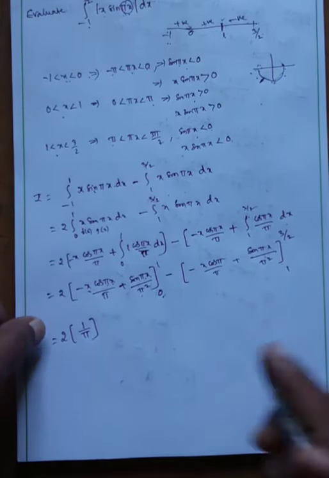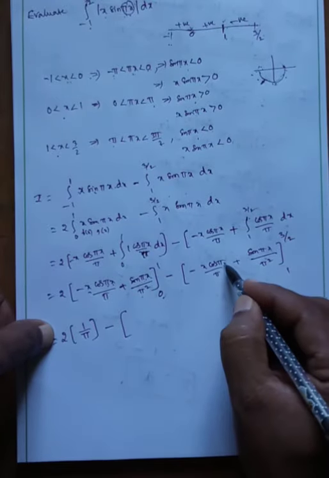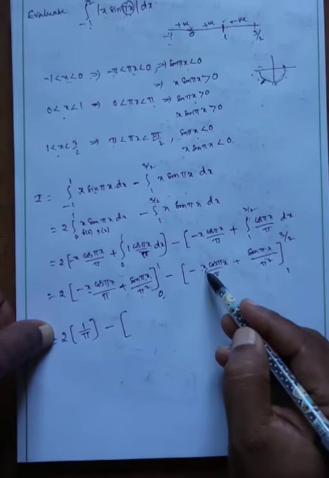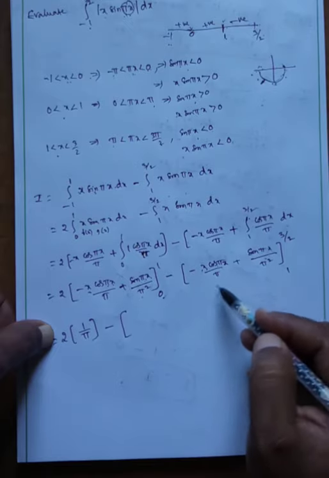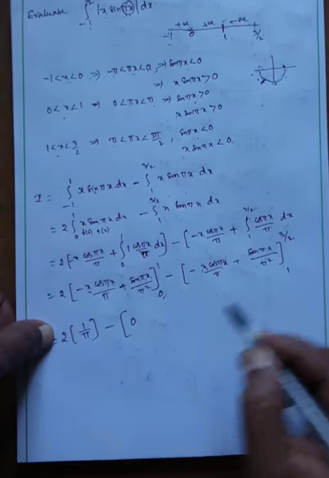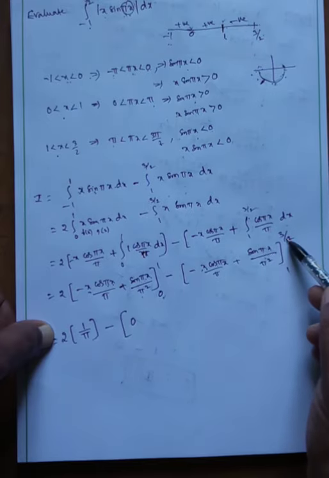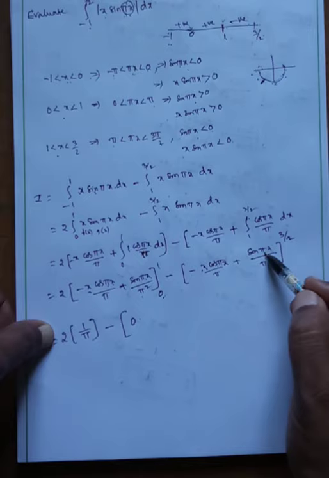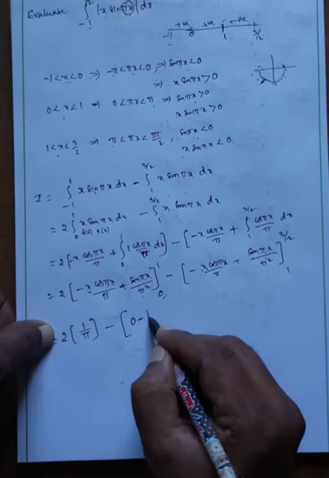Now minus of, the upper limit is 3 by 2, so pi x becomes 3 pi by 2. Minus 3 by 2 into cos of 3 pi by 2, and cos 3 pi by 2 is 0, so this value is 0. Sin 3 pi by 2 is minus 1, so minus 1 by pi square.